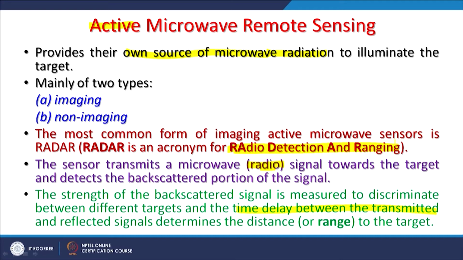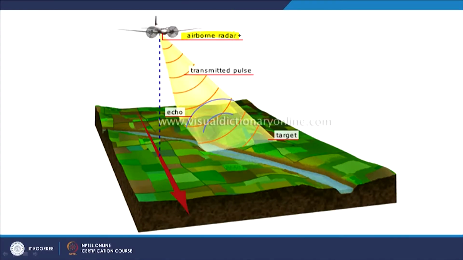Ranging means finding the distance by using the time delay factor. This is how it works in case of airborne radar, and also in satellite based or spaceborne radar: the signal is first sent towards the target.